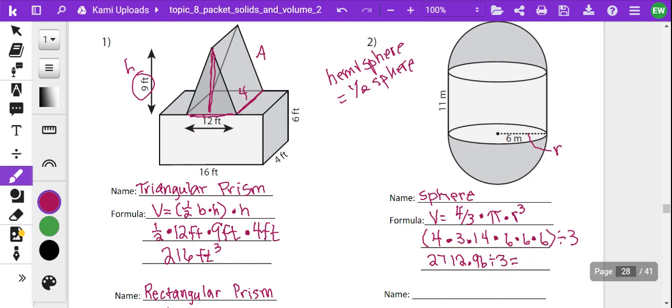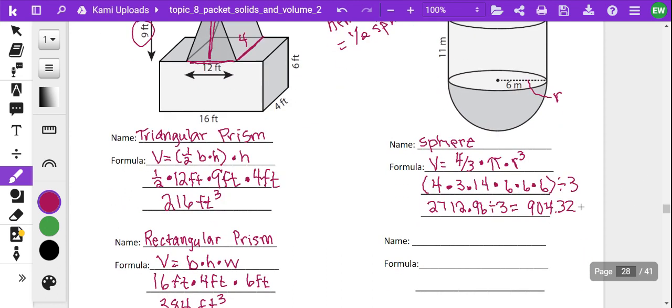Divided by 3 is 904.32 meters cubed. Great.